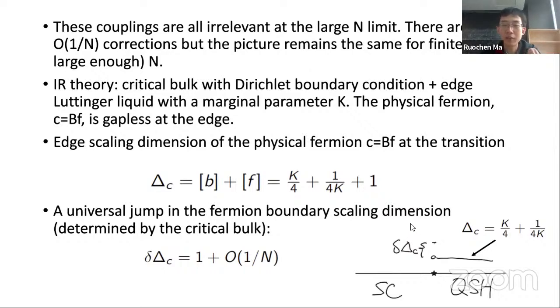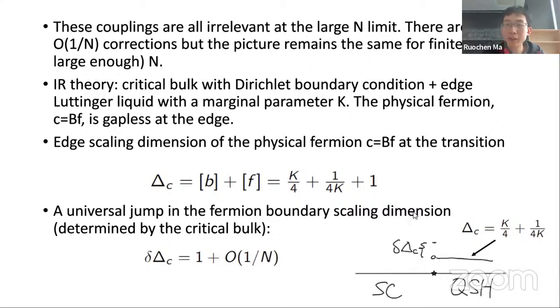The edge does not have a gapless edge fermion, so effectively the edge scaling dimension of a single fermion is infinity, and we cannot talk about that. But on the quantum spin Hall side, there is a scaling dimension for an edge single fermion, which is determined entirely by this Luttinger parameter.